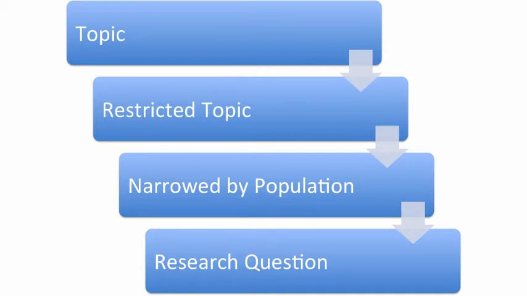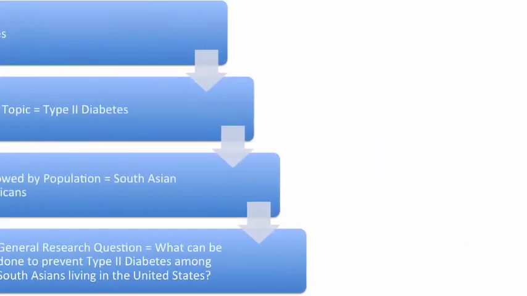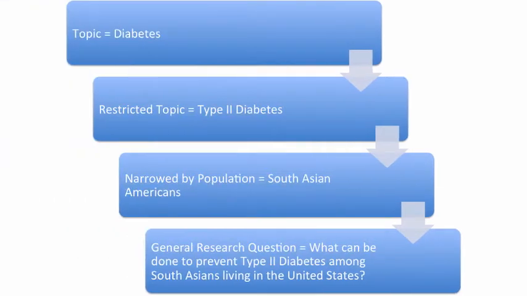That's an excellent population to use in your research question. And then you put that all together to ask a question. For example, my topic is diabetes. My restricted topic might be type 2 diabetes, since that's a subtopic of diabetes. So in my reading, I found that people of South Asian origin have 5 times the risk of developing type 2 diabetes compared to white people.